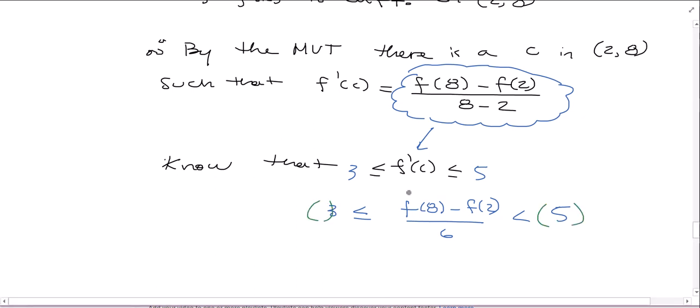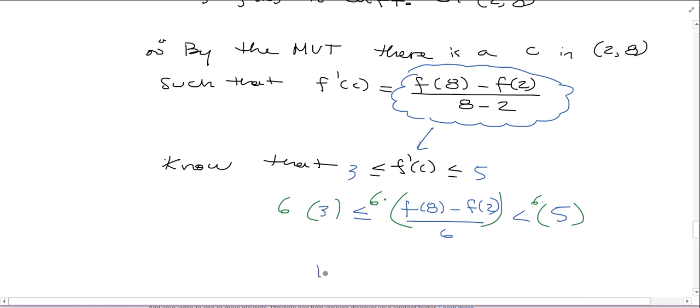So now I can multiply everything by 6. And we get 6 times 3. Oh, my parenthesis is a little off there. 6 times 3 is 18, and 6 times 5 is 30.